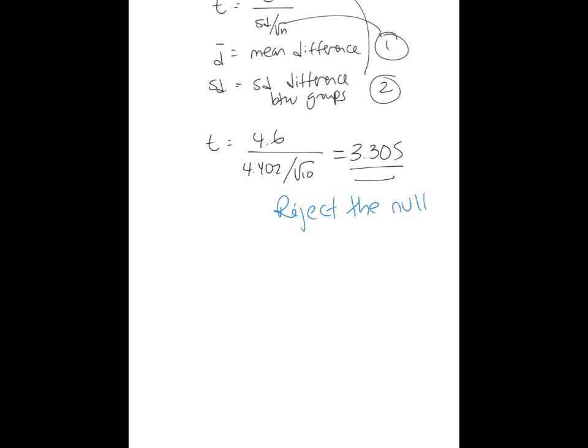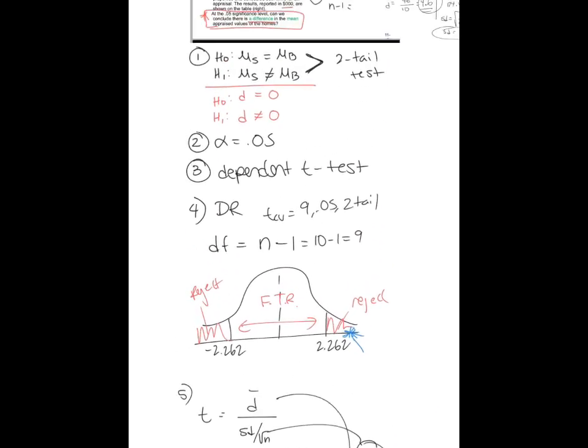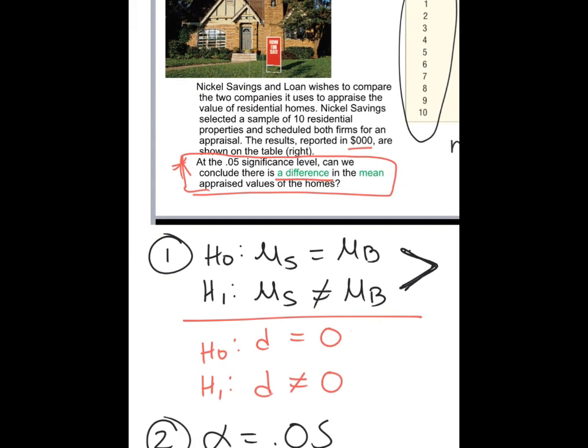And we find that there is a difference in the appraisal values of the homes by the companies. So S is not equal to B. Okay, so that's our finding. Just to go back to the question and answer it: at the 5% level, can we conclude there is a difference in the mean appraised value of the homes? The answer would be, in fact, yes.